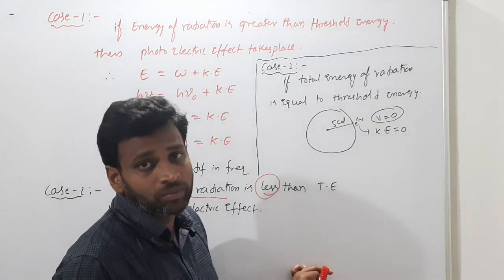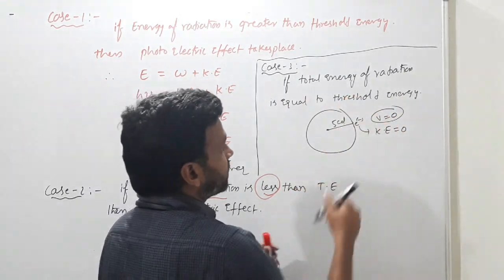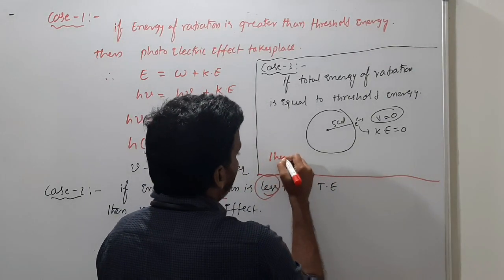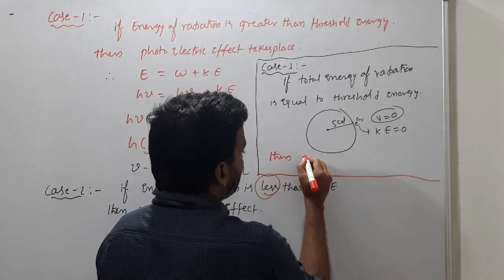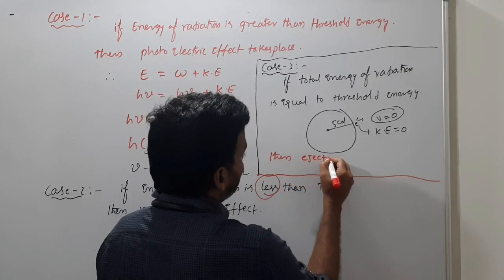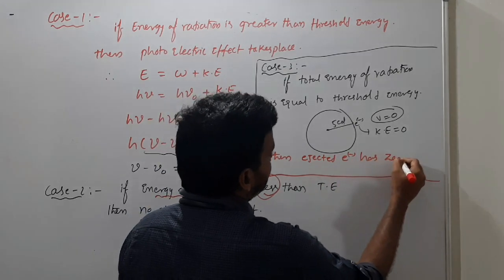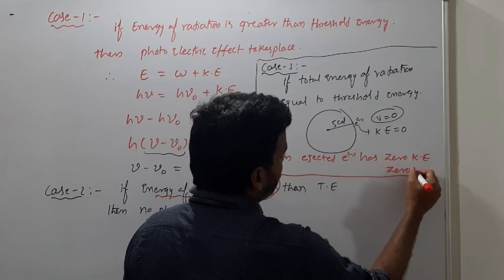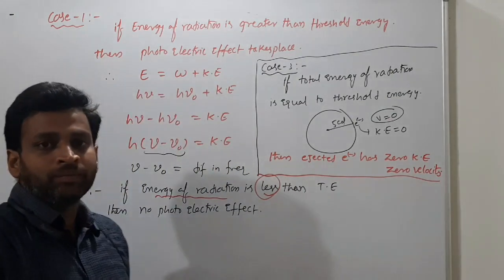So what I am saying is, if total energy of radiation is equal to threshold energy, then photoelectric effect takes place, but the ejected electron has 0 kinetic energy because of 0 velocity.